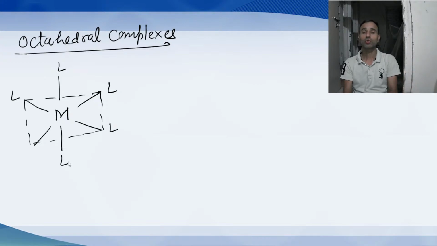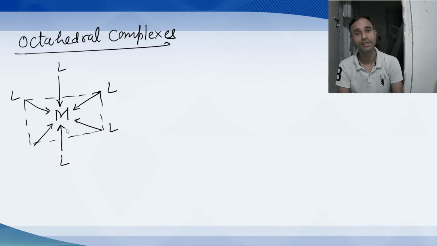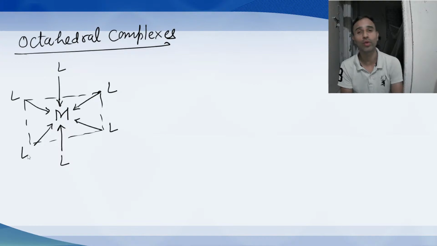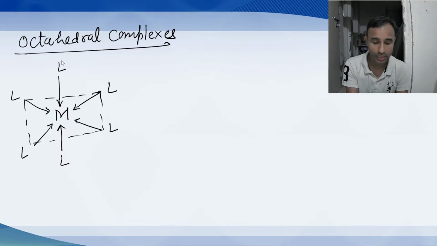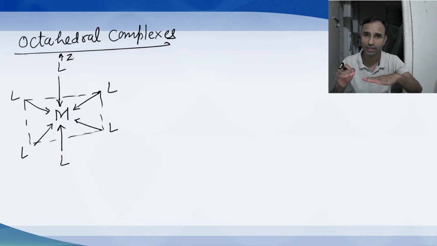Metal is attached to 6 ligands. Where are these ligands located? This is the z-axis. These are 2 ligands on the z-axis, and all are at 90 degrees.